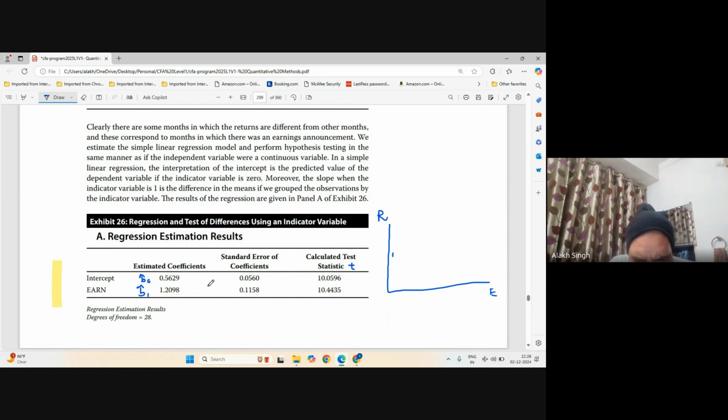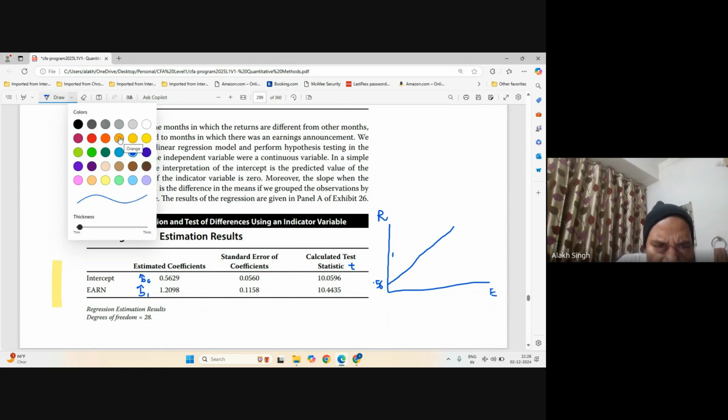It started with B0, 0.56, so I will put 0.56 here, and the slope is more than 1, so I will draw a steeper slope. It is a straight line, but with a steeper slope. Now, with announcement, it becomes like this.